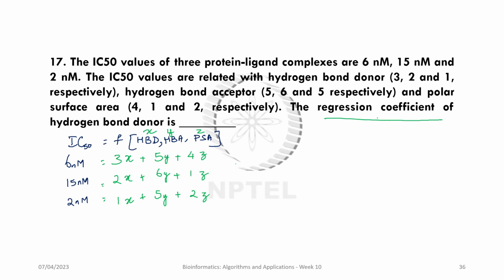So the regression coefficient of hydrogen bond donor, HBD, is X. So the question is all about what is the value of X.